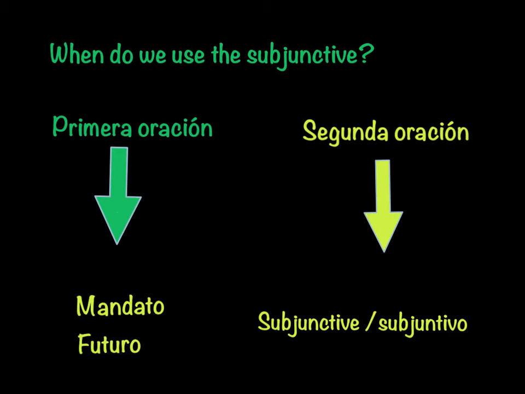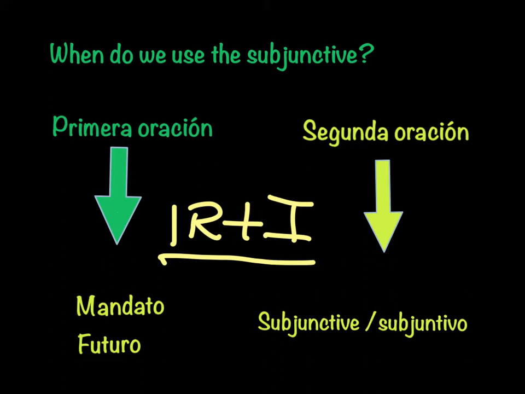All those phrases imply future tense. So if you see those phrases, if you see the verb ir accompanied by the infinitive, the future is implicit.